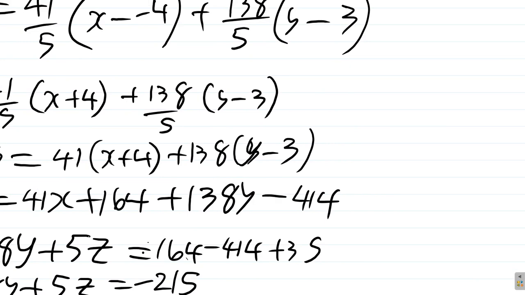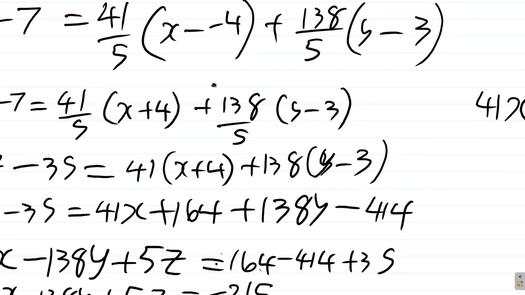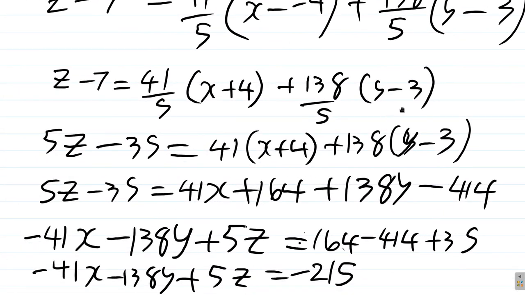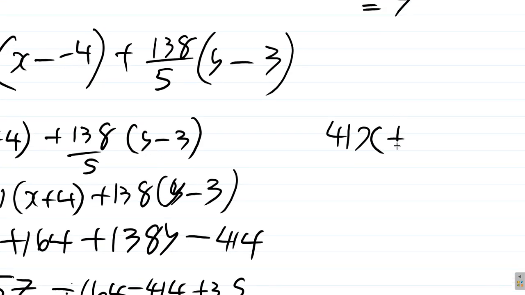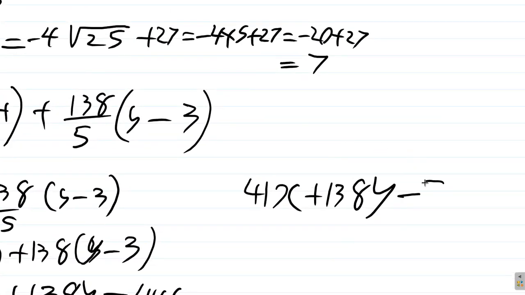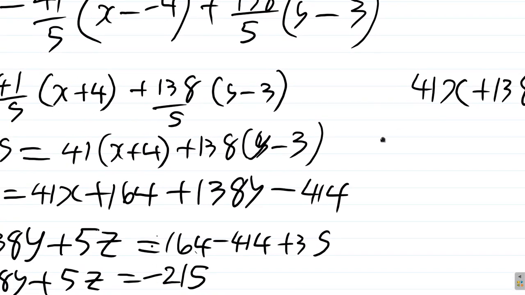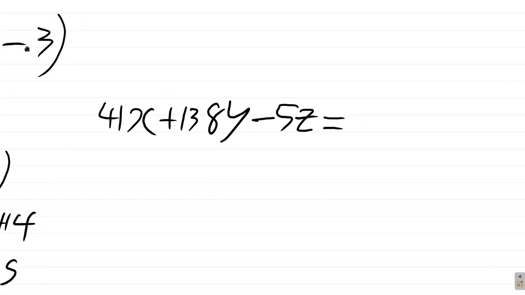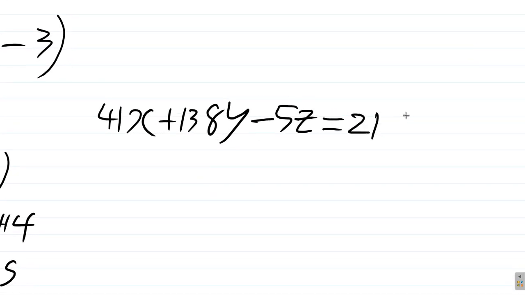You have positive 41x plus 138y minus 5z is equal to a positive 215. Alright? So, there you go.